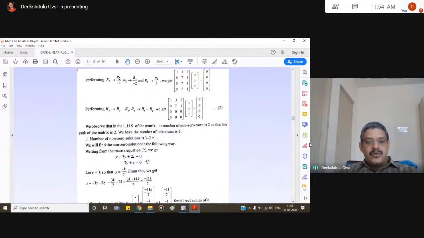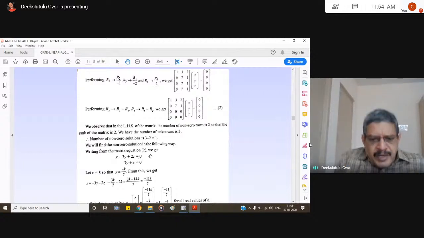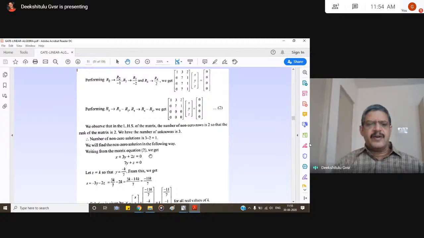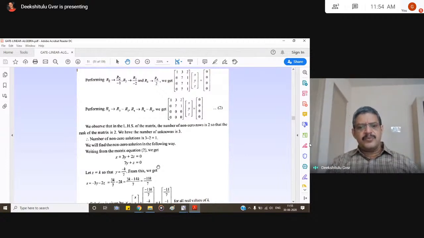We put z is equal to k again. Now, you can try with even y is equal to k also. There is no problem. It need not be z always. You can take y as k or z as k. That's up to you. If z is equal to k, then y is equal to minus k by 7. Put this z is equal to k and y is equal to minus k by 7 in the first equation, and you will get x.